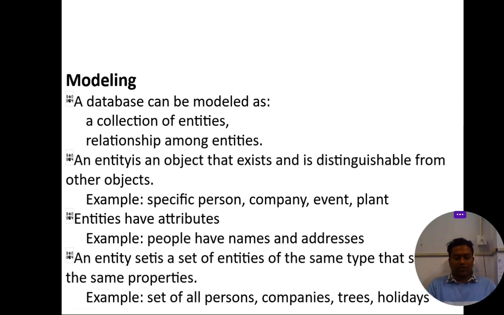For example, people have names and addresses. So these are the attributes. An entity set is a set of entities of the same type that share the same properties. Examples are the set of all persons, companies, days and holidays.